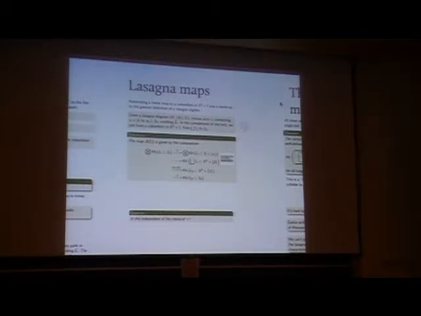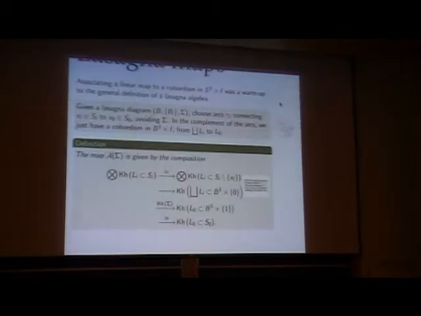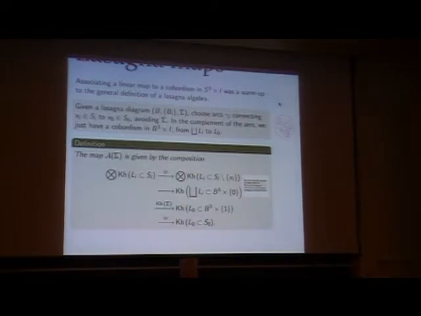Okay, let's build the lasagna maps now. We've already defined the vector spaces that the lasagna algebra has. We now need the linear maps. Okay, so given some lasagna diagram like we had before, we need to choose a collection of arcs that avoid the surface sigma.